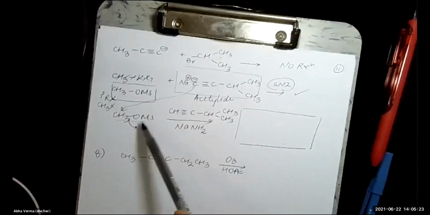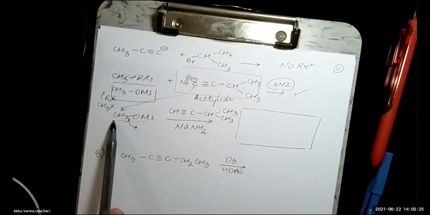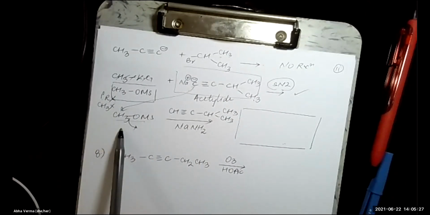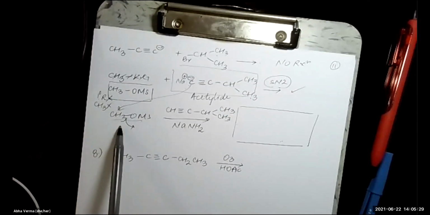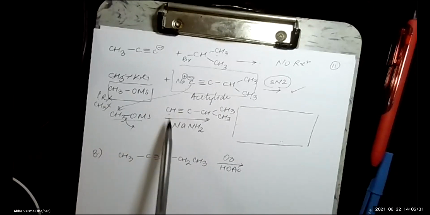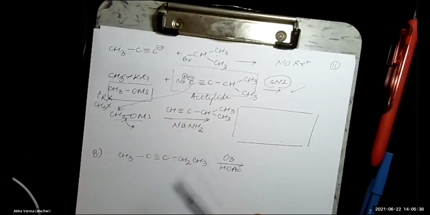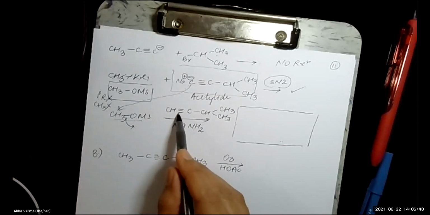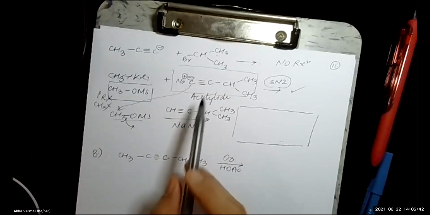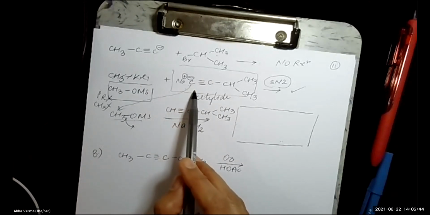Okay. So overall, what will happen if you have this particular substrate, and you are given these two reagents also? Please remember that the sodium amide and acetylene will undergo an acid-base reaction, generating this acetylide.